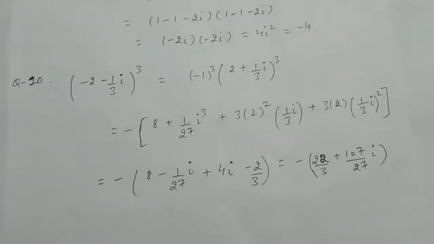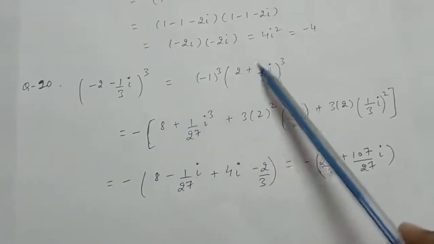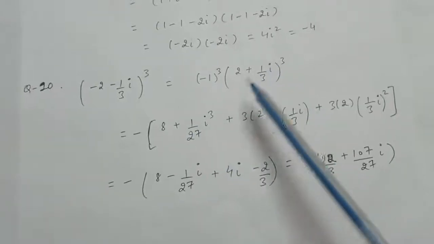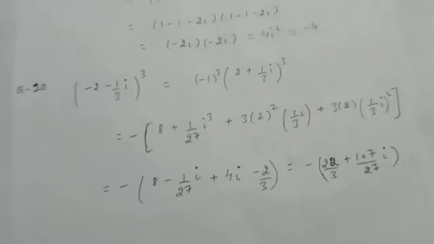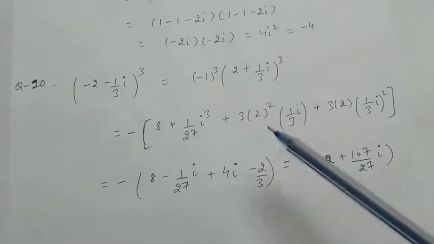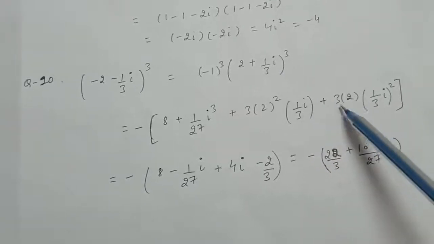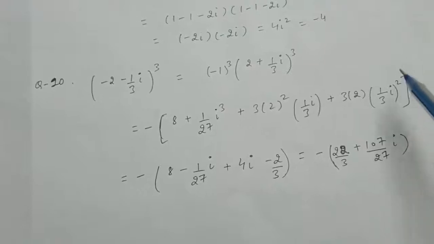Now minus 1 cube will be minus, into, solve this, it will be a cube, that is 8, plus b cube, that is 1 by 27 into iota cube, plus 3 a square, that is 2 square, into b, which is 1 by 3 iota, plus 3 into a into b square, right?